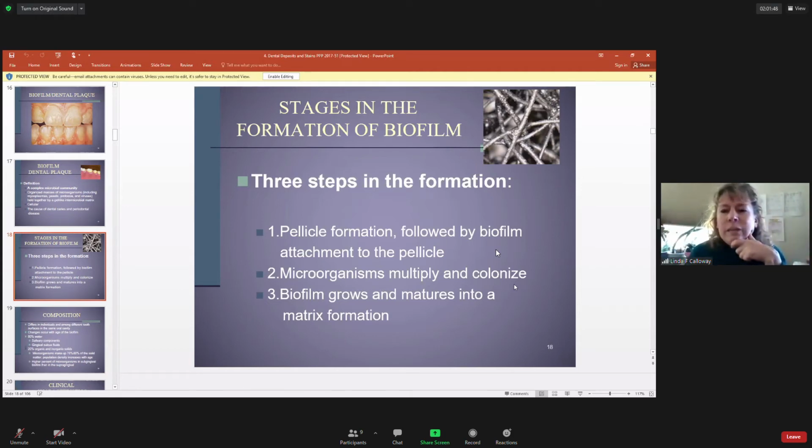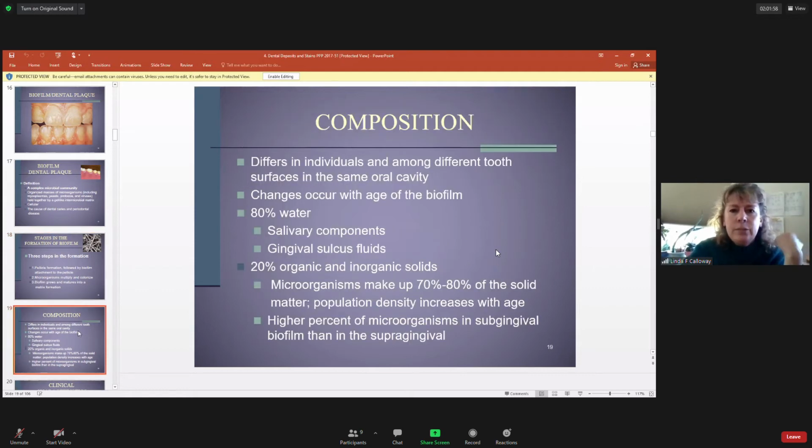They build very complex colonies that allow for more biofilm to grow and mature. Composition differs in individuals and among different tooth surfaces. Changes occur with age of the biofilm. So the longer it sits there, it's going to become something different. Still biofilm, but it will change the longer it sits on the tooth.